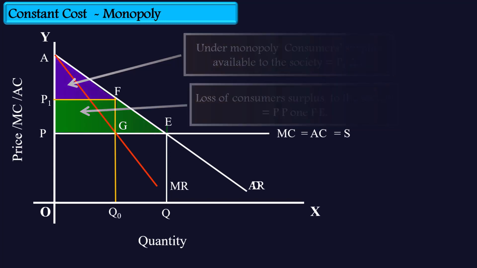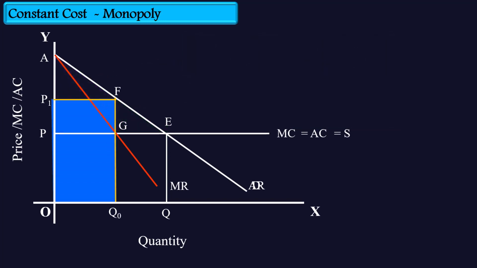The monopolist, that is the producer, actually sells his good for OP1FQ0, but he is willing to sell for OPGQ0. Please note, this area lies below the marginal cost curve.